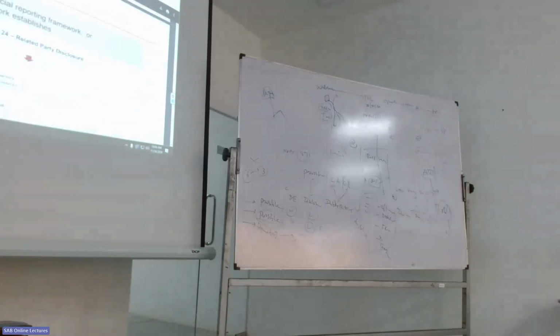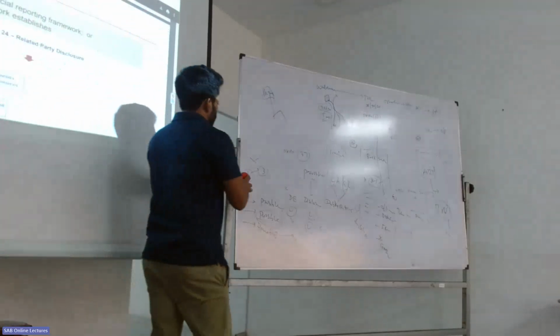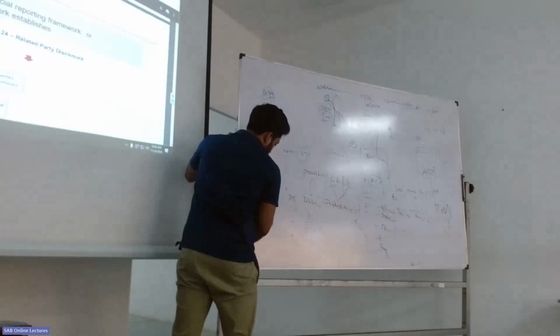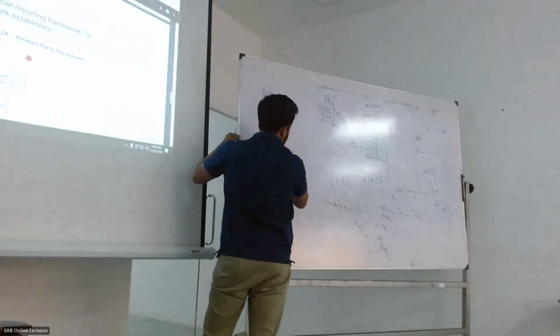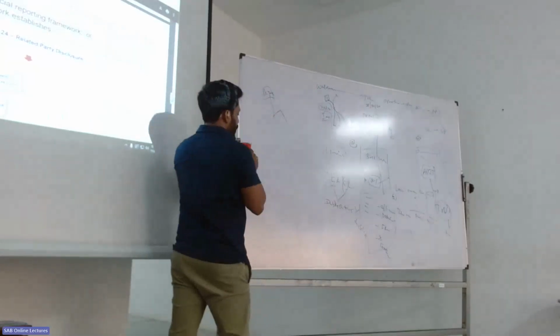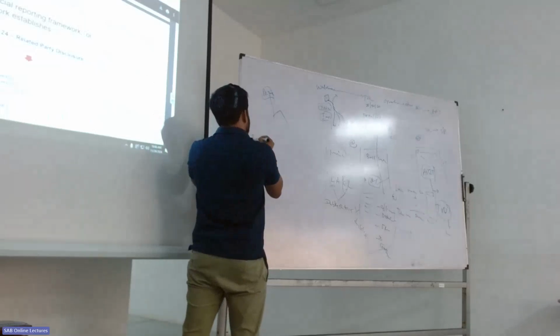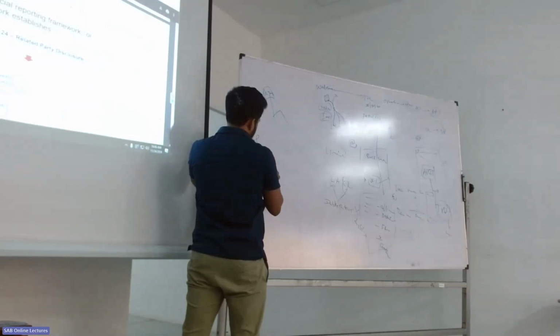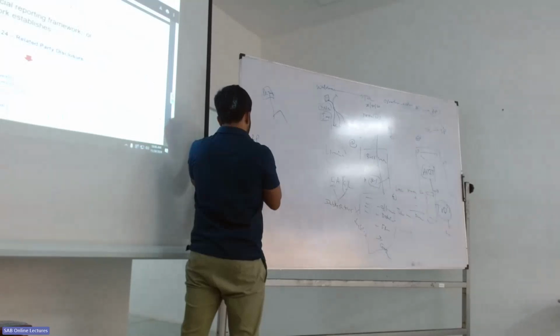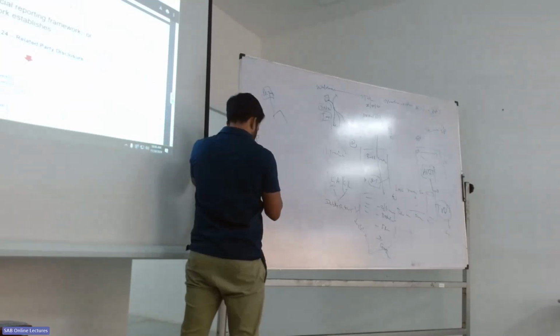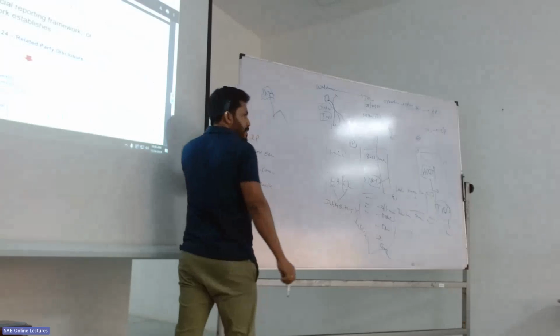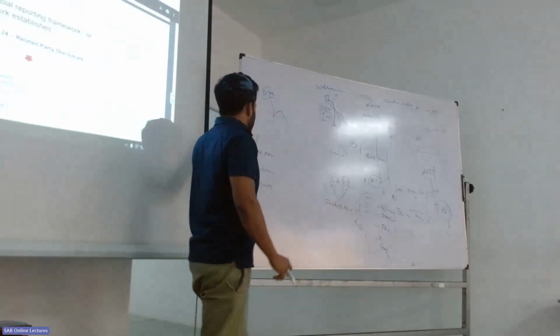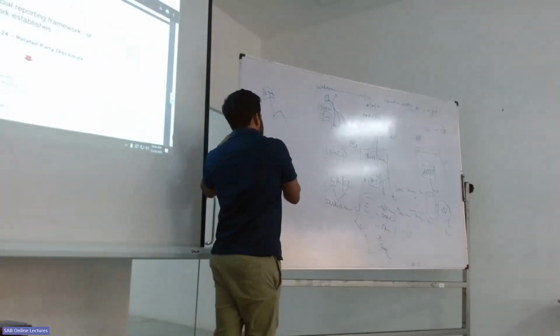I will mention here the key things we will discuss: related party, post balance sheet events, going concern, and then estimate audit.